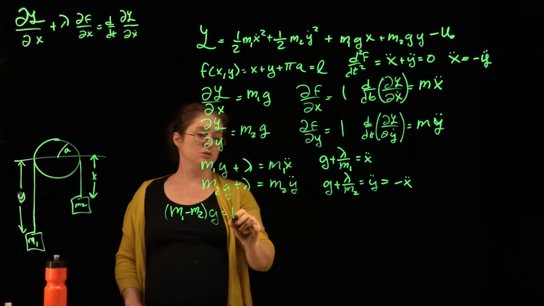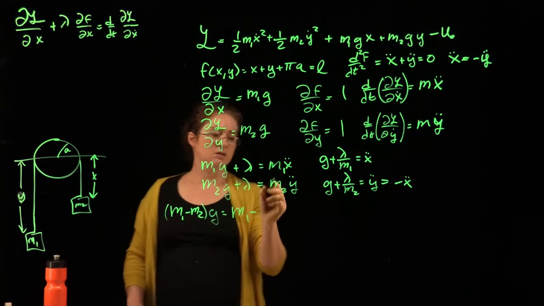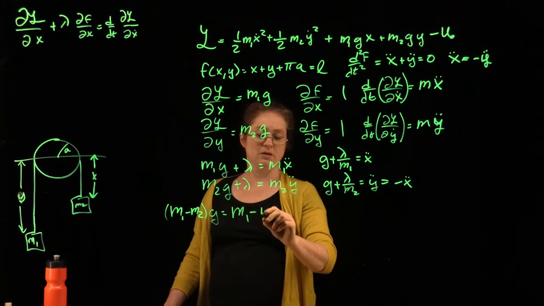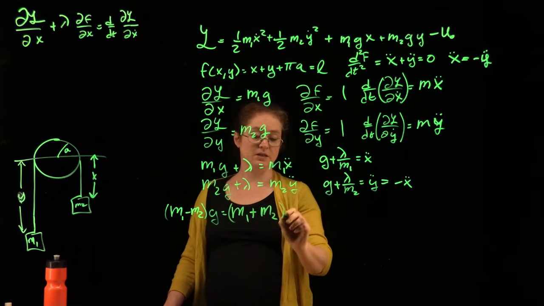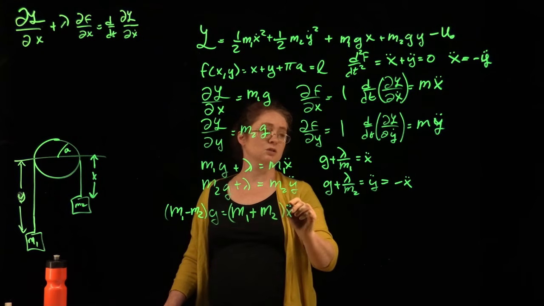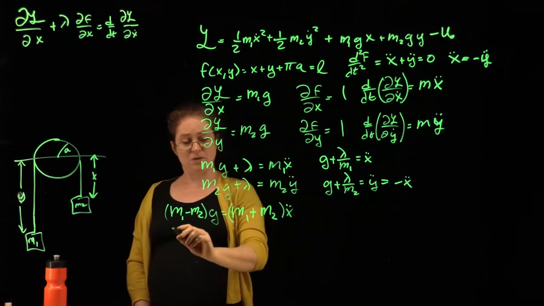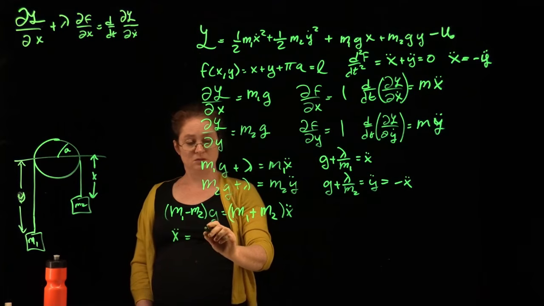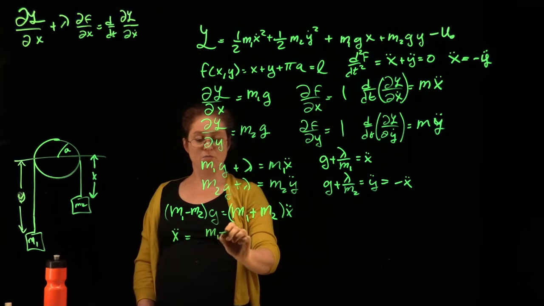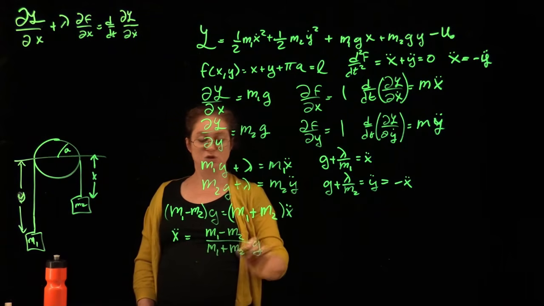This is equal to m1 minus m2, but then you get another plus sign when you use that x double dot is equal to negative y double dot. So I get x double dot equals m1 minus m2 over m1 plus m2 times g.